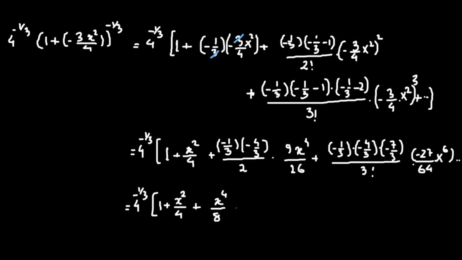And the final and fourth one, when you use a calculator, should give you 7 over 96 times x raised to the power 6, plus the remaining terms. So this is the expansion of 4 minus thrice x squared raised to the power negative 1/3, expanded up to 4 terms in the increasing powers of x.